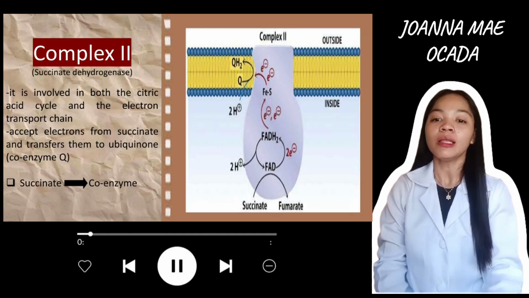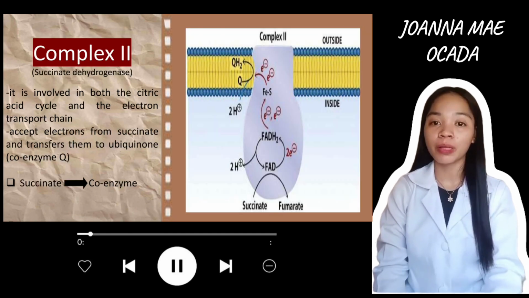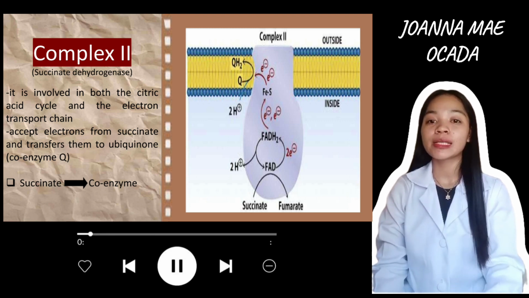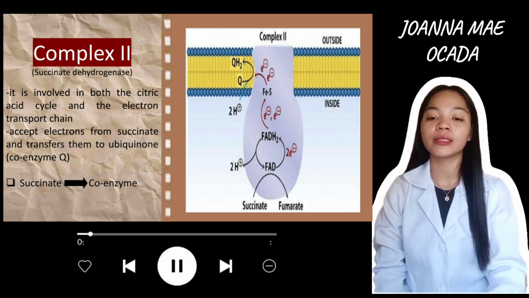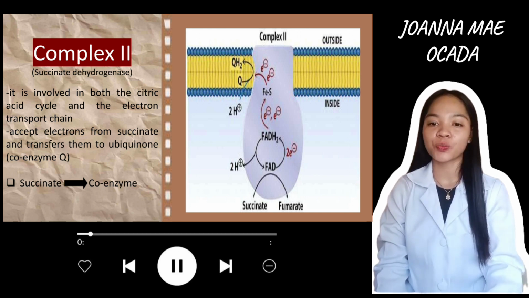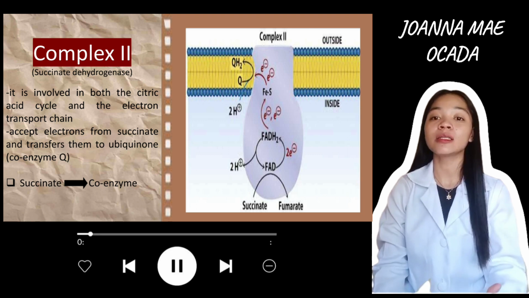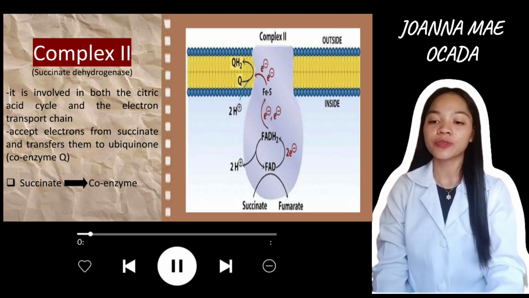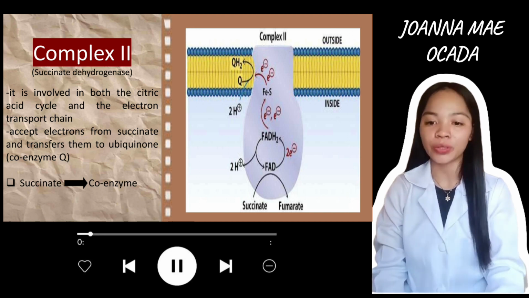So next, we also have complex 2, or the succinate dehydrogenase. It is involved in both the citric acid cycle and the electron transport chain, and it accepts electrons from succinate and transfers them to ubiquinone.